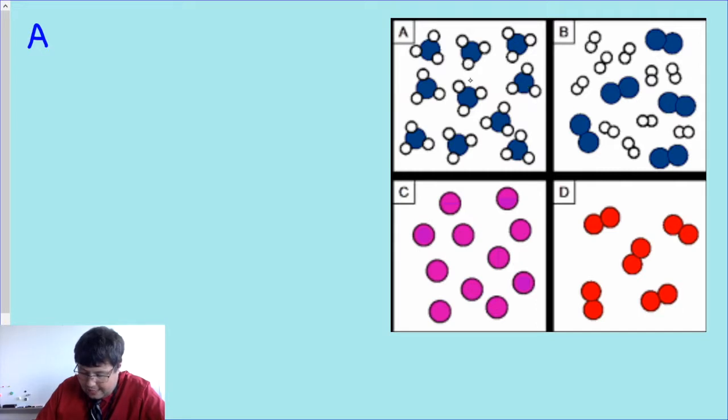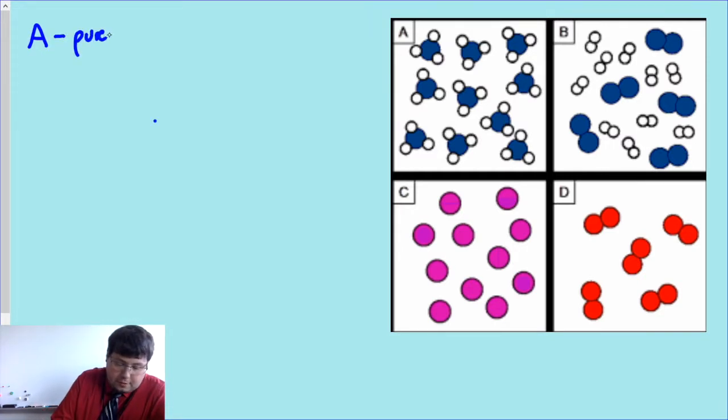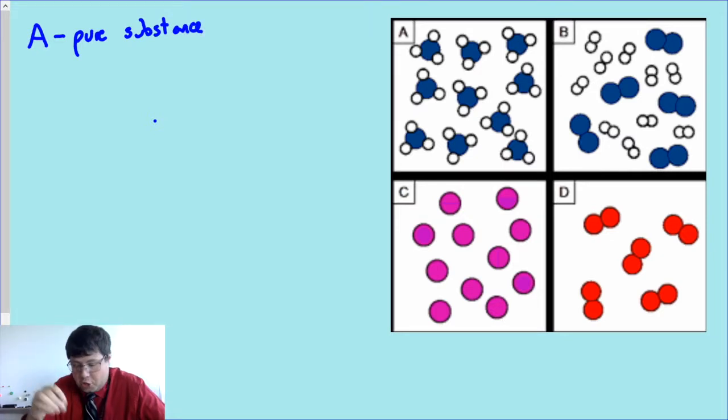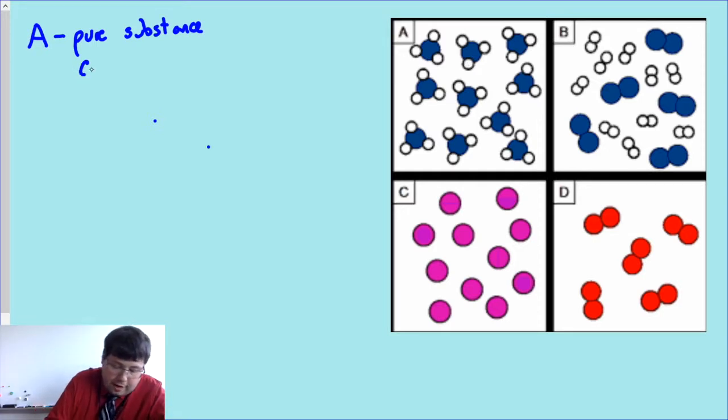It's the exact same thing in every one of those pictures here. So that leads me to indicate that this is a substance. In fact, it is a pure substance because it has the exact same composition everywhere. It is always this. And in fact, we would say that this is a compound because it's composed of 2 different elements.